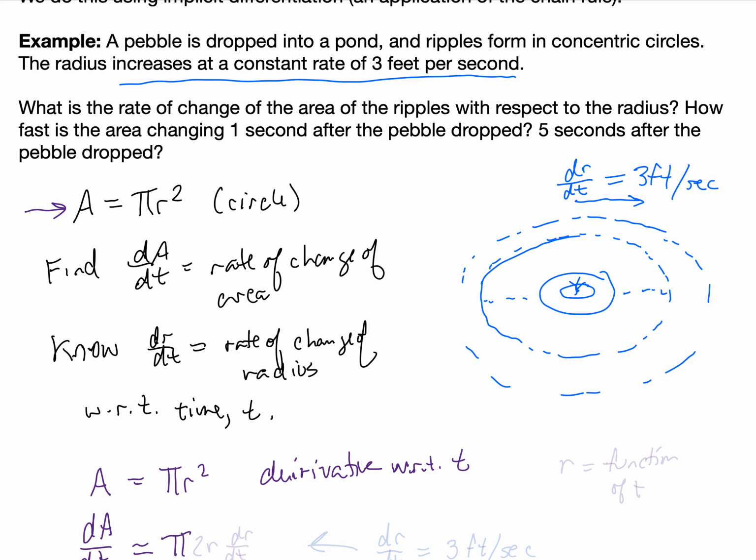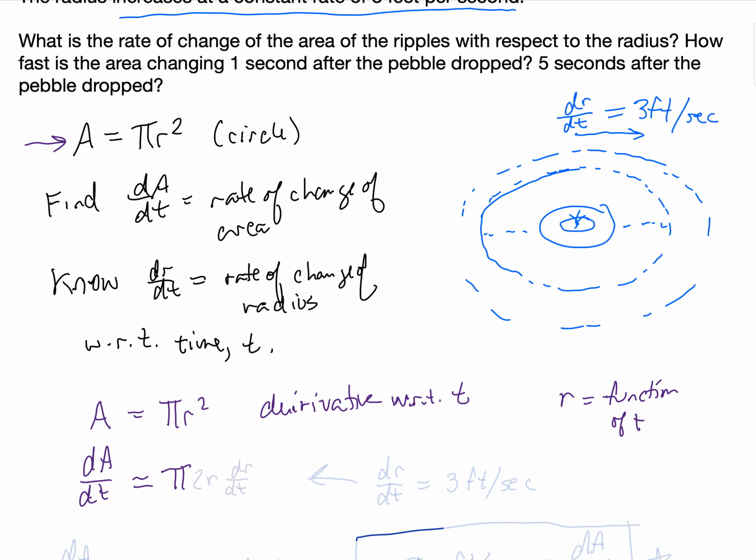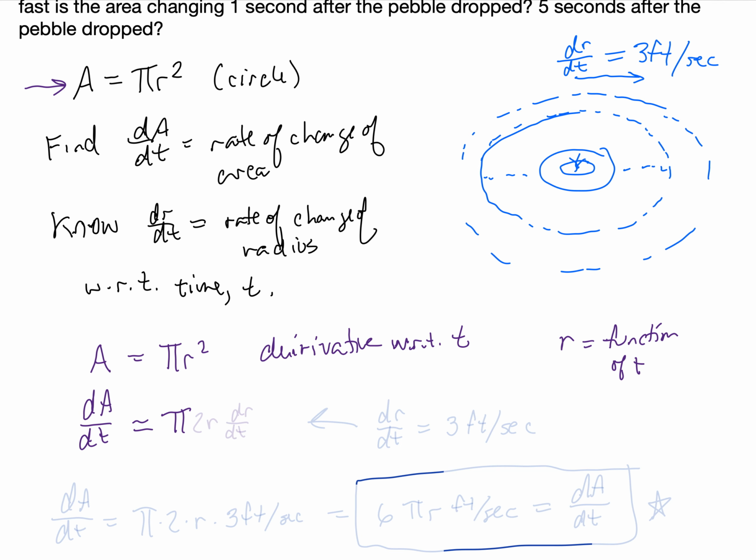The derivative of r squared with respect to t, now we're using the chain rule. Again, r is a function of t. The radius changes with respect to time. So back when we did implicit differentiation, that means you take the derivative of r squared to 2r, and then multiply by the derivative of the inside, just like with the chain rule. So the derivative of pi r squared with respect to t is pi times 2 times r times dr dt.